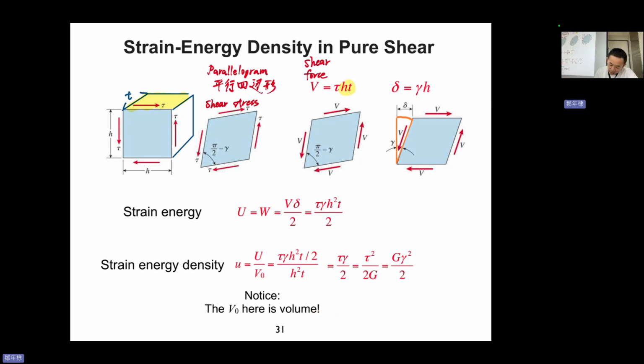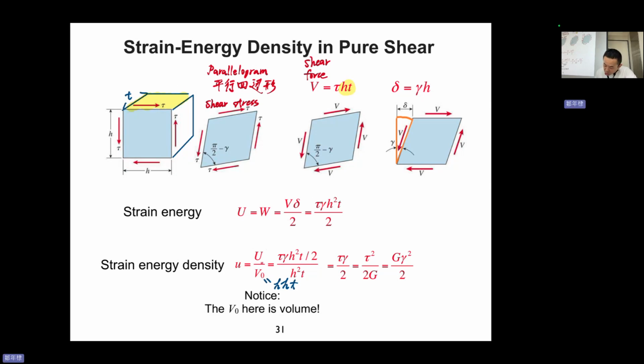The original volume is H times T, this volume, right?